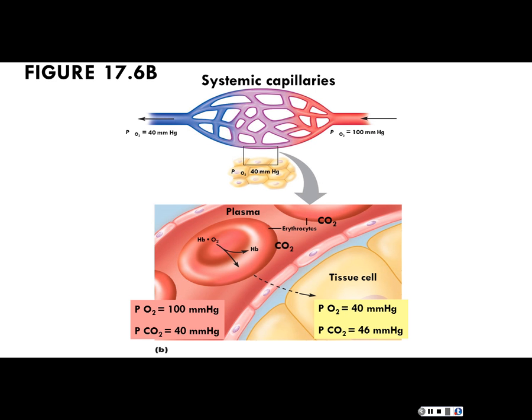Which protein could bind CO2? Carbonic anhydrase is an enzyme that makes bicarbonate ion, so sure it can interact there, but there's a transport protein that can transport CO2. So, which one? Hemoglobin. You remember we said hemoglobin can bind not only oxygen, but also CO2? Yeah, nitric oxide, carbon monoxide, all kinds of stuff.